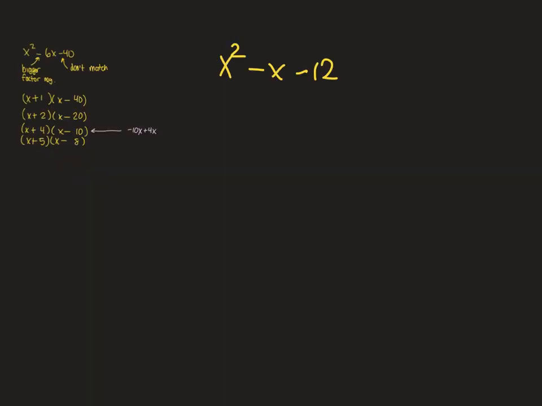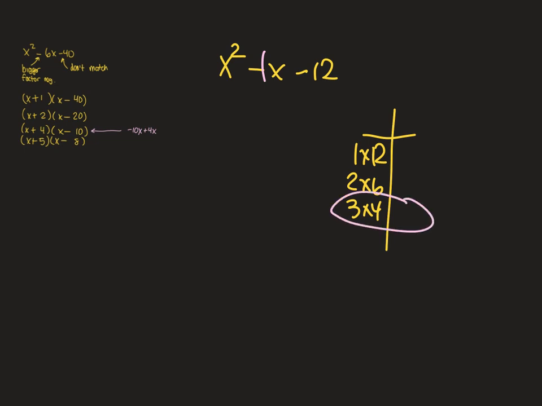All right, here's your next one. Think of factors that make 12. They have to be different. They have to subtract. The bigger factor is negative. Have you figured it out yet? 1 and 12, 2 and 6, 3 and 4. Which one subtracts to get 1? This guy right here. This guy subtracts to get 4, this subtracts to get 11, but I want it to subtract and get a 1.